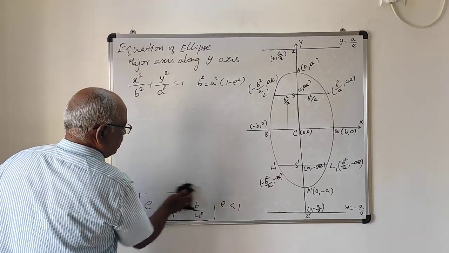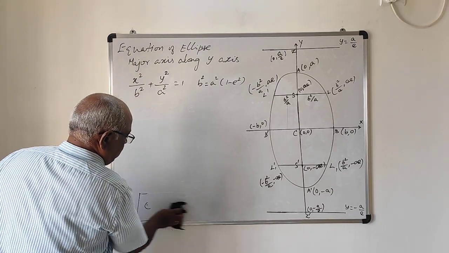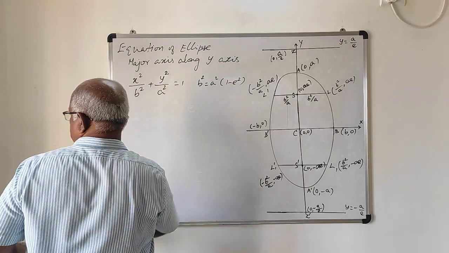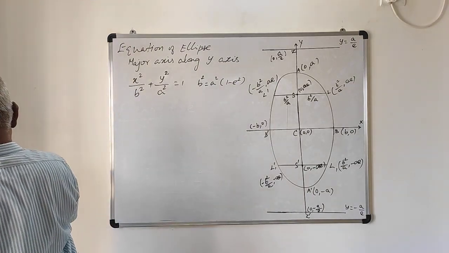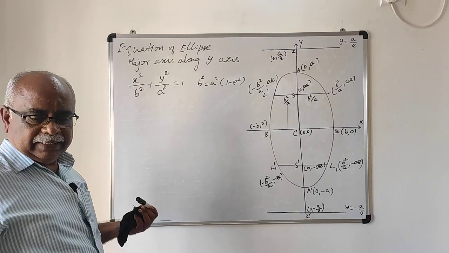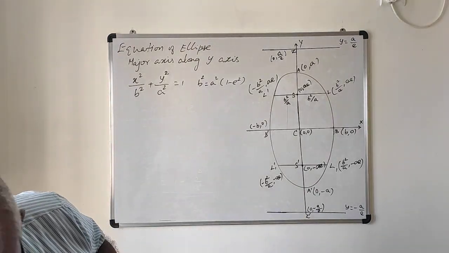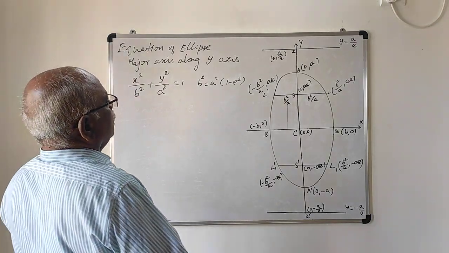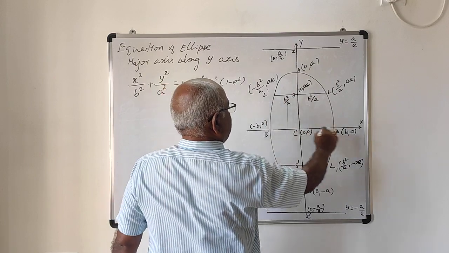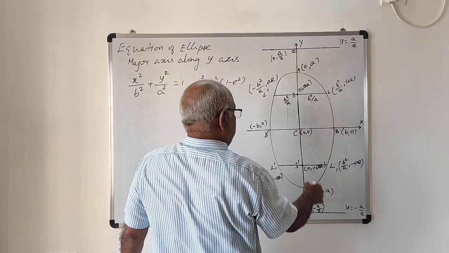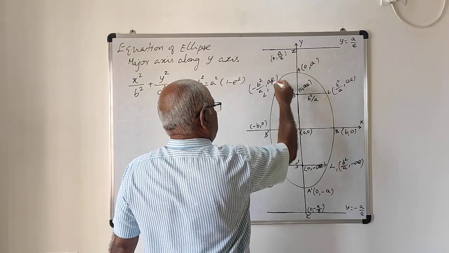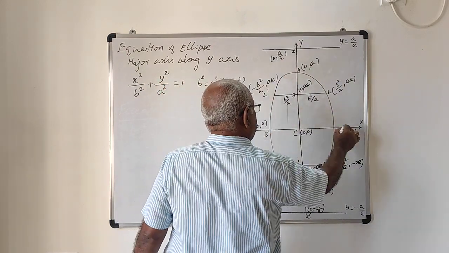Now, the equation of the ellipse if the major axis is along the y-axis. See, CY is the y-axis and CX is the x-axis, and the major axis is along the y-axis. AA dash is the major axis of the ellipse, which is along the y-axis, and BB dash is the minor axis.